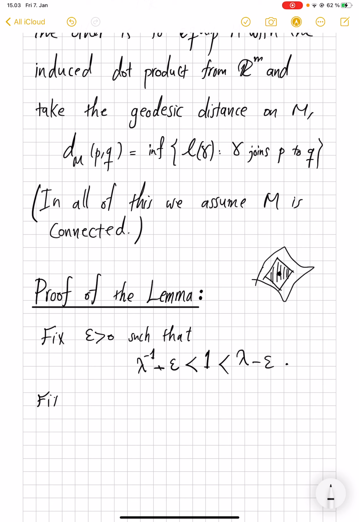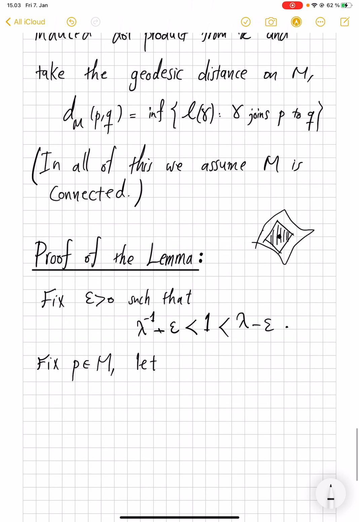Then fix P in your manifold. Then we want to parameterize the neighborhood of that, and let G from some open subset V of Rn into M be any local C1 parameterization.